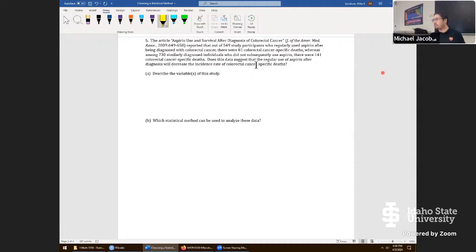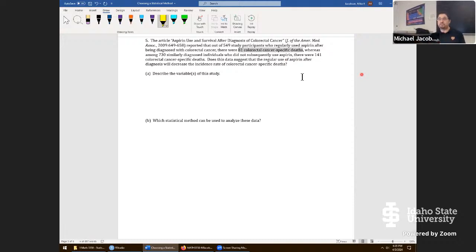To start off, it says the article, aspirin use and survival after diagnosis of colorectal cancer, so really serious problem again, reported that out of 549 study participants who regularly use aspirin after being diagnosed with colorectal cancer, we had 81 colorectal cancer specific deaths.